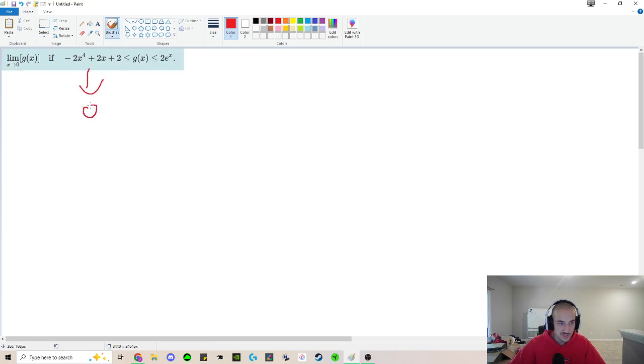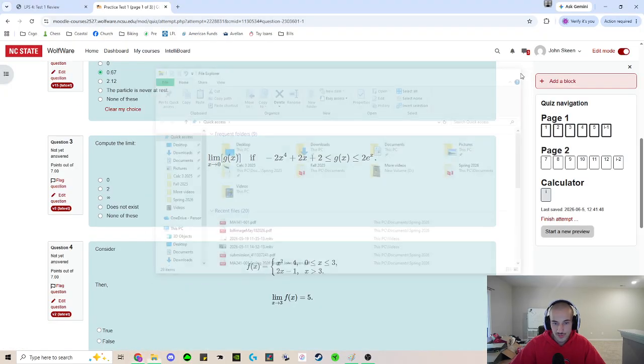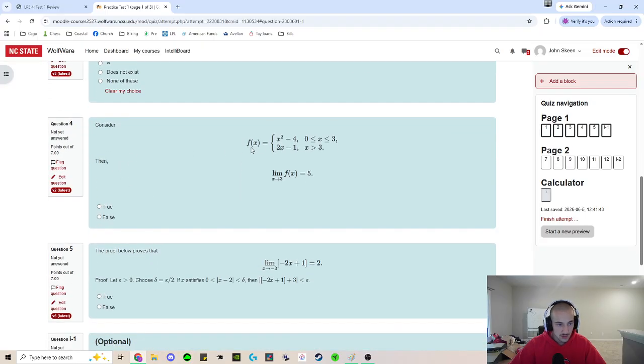This limit here is going to be 0, less than or equal to the limit of g as x approaches 0, less than or equal to, what is e to the 0? Well, that's 1. That's going to be 2. Oh, this is 2. Sorry, this is 2. So 2 less than or equal to the limit less than or equal to 2. By squeeze theorem, the limit is 2.